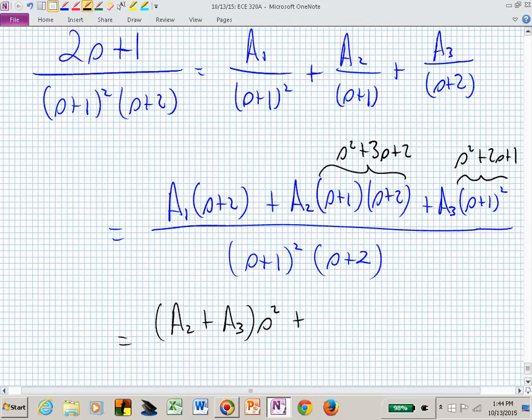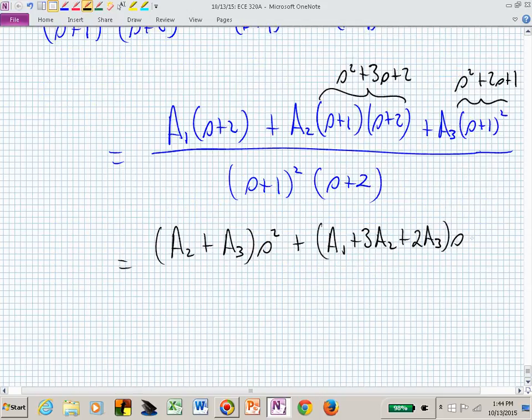And on the right, I need to find the coefficients that scale s. I have a1 plus 3a sub 2 plus 2a sub 3 times s. And then I have a constant coefficient, which is 2a1 plus 2a sub 2 plus a sub 3.